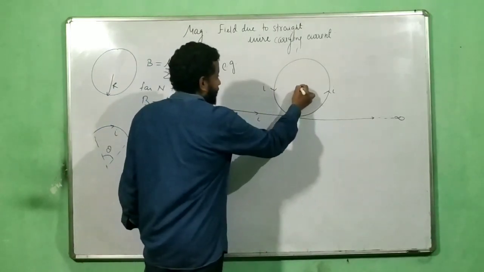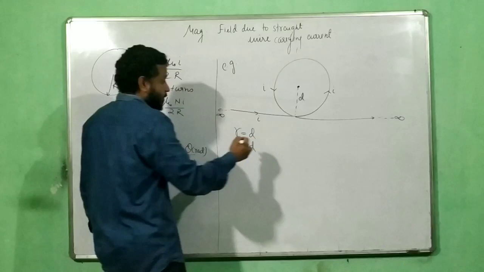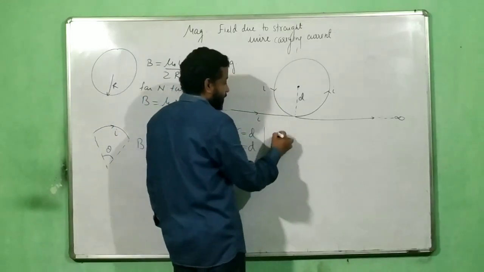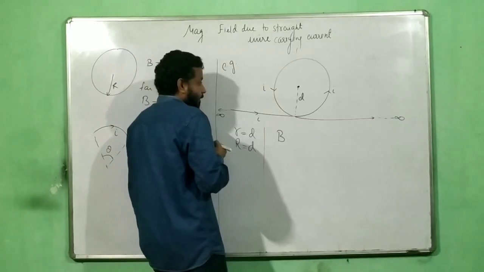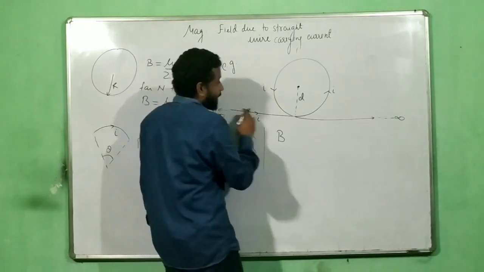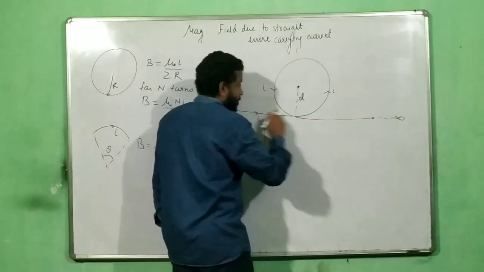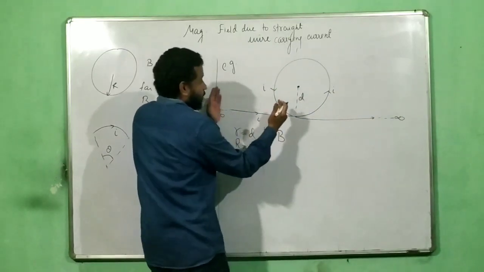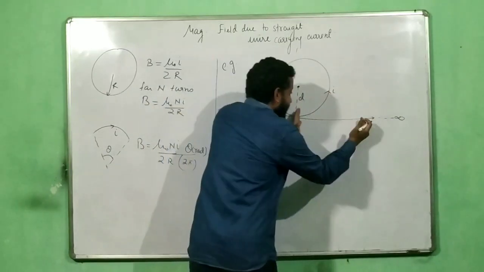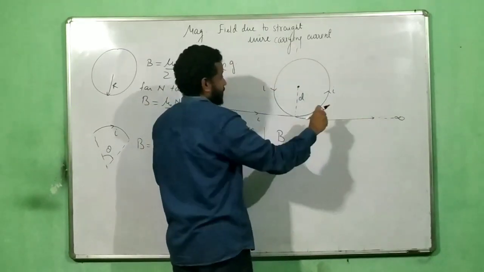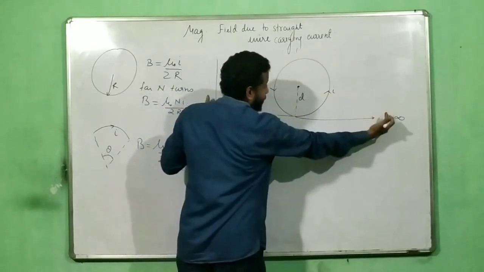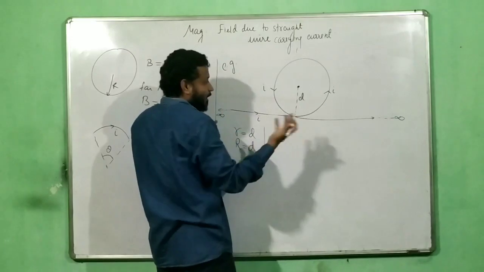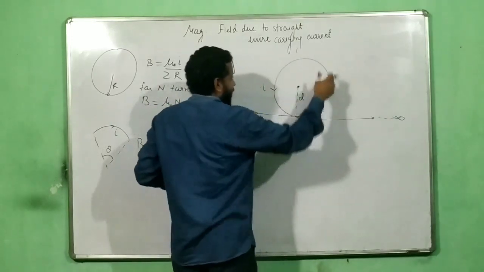If you have to find the field, let us find it in two parts. You can consider this to be an entirely infinite wire as one part, or you can do one semi-infinite, another semi-infinite, and one circular. Or one complete infinite and one circular. I will use one complete infinite and another circular.